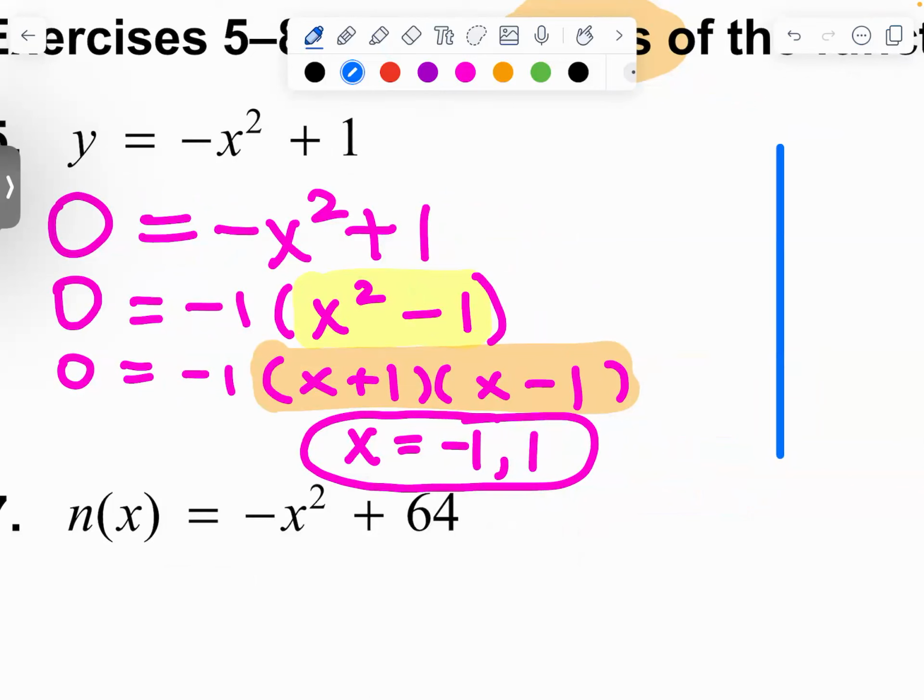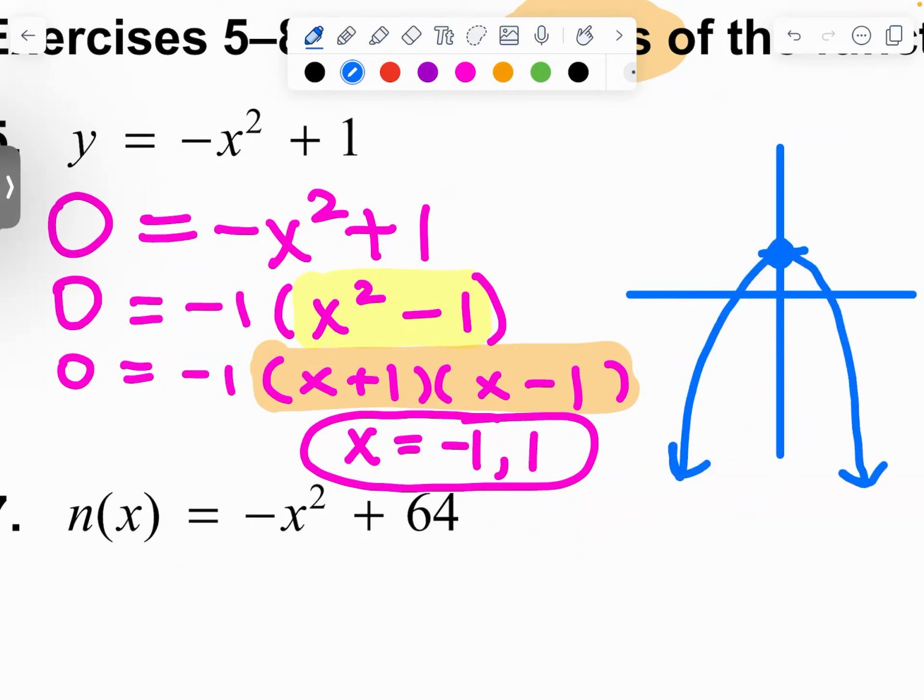Now, Brooke said that this parabola is shifted up 1 and opens down. So what do you think this 1 and -1 mean on the graph?